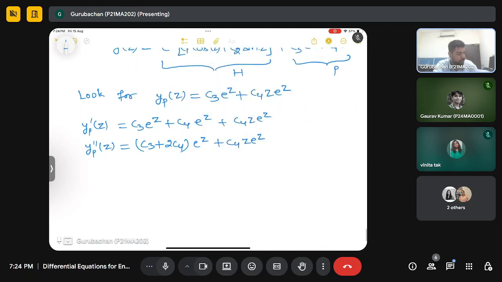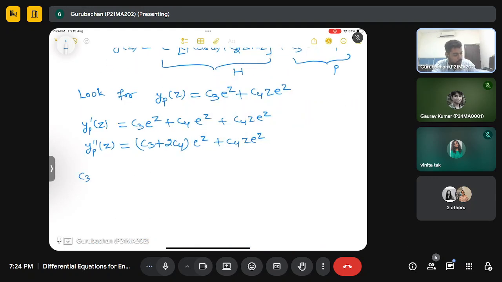So the double derivative stays as it is, then minus 2 times the first derivative.